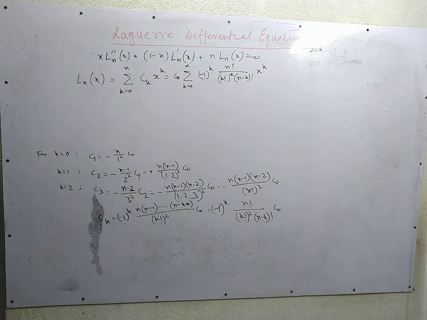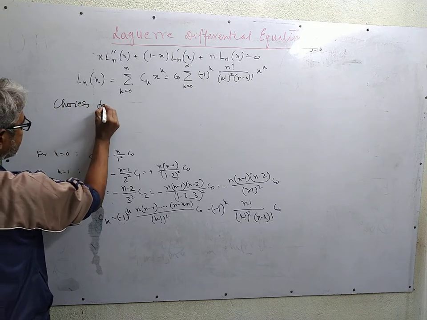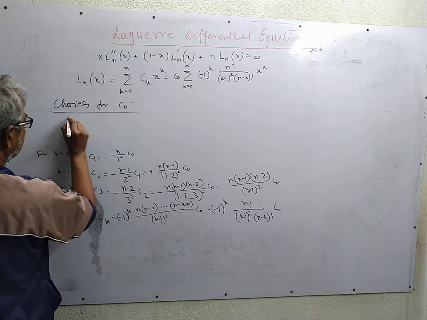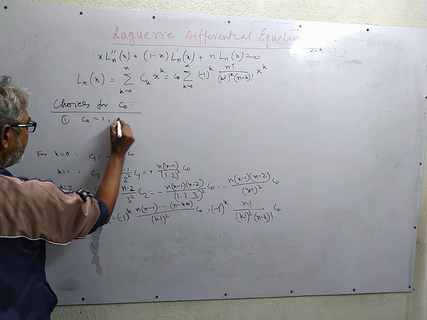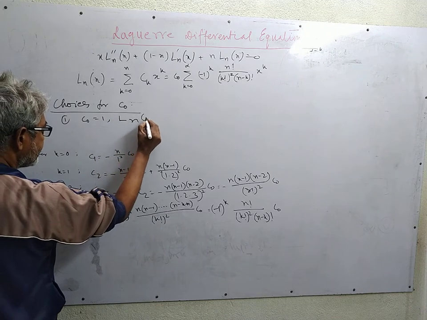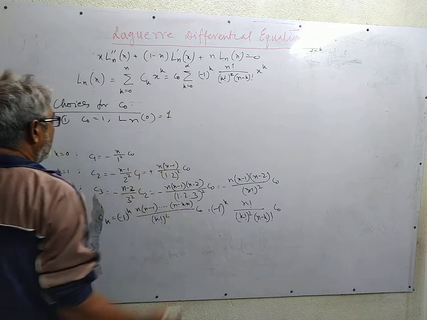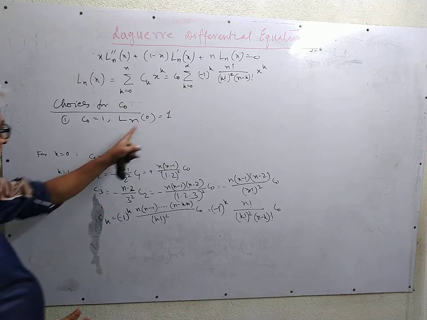Now there are two choices for C0. One choice is C0 equal to 1, which gives any order of Laguerre polynomial at the origin to be 1.